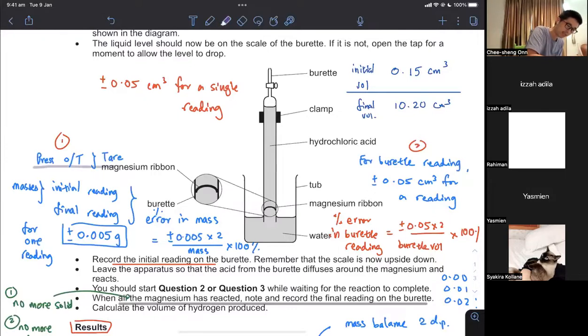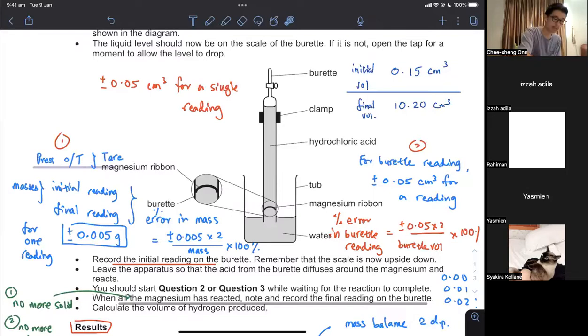You will press the 0 or the T button, that is the tare button. Usually when we measure powder, we don't put the powder on top of the mass balance. We will have a container or a small bottle or a crucible or whatever. Then we press the 0 or the T button, then we weigh the powder. But if this is magnesium ribbon, we could have just put the magnesium ribbon on top of the mass balance.